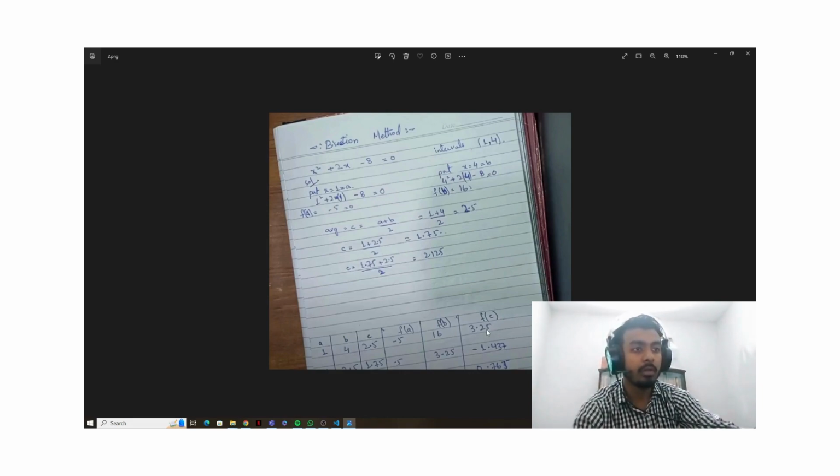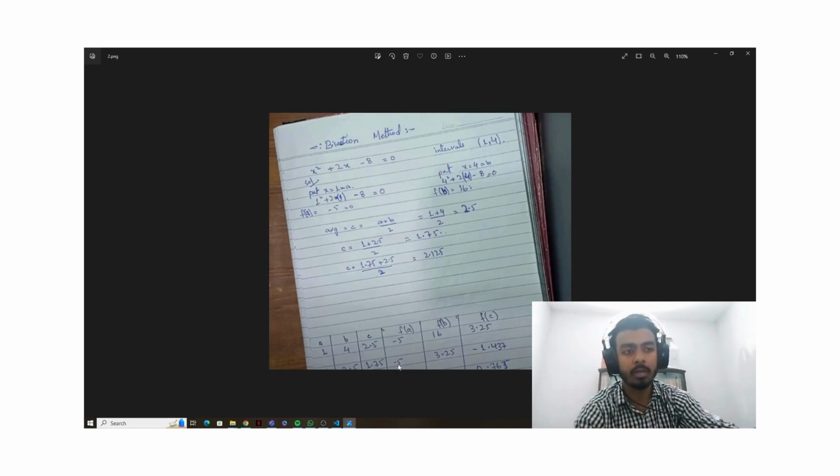So in our first iteration, the function of c is 3.25, which is positive, so we change the b side. We change f of b to the function of c, 3.25, and we change the value of b to 2.5, which was 4 before.